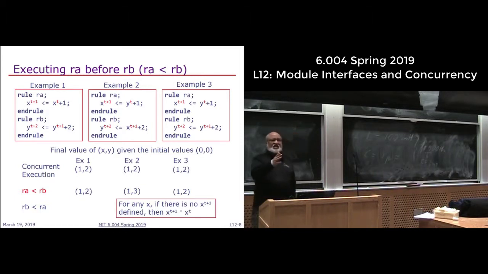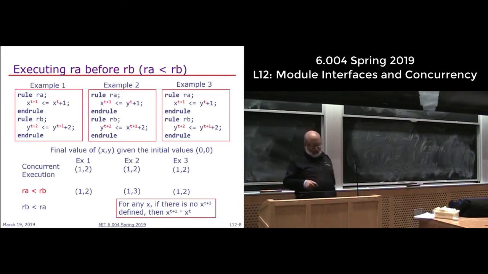In the second case, it didn't match. All right? Well, maybe we were unlucky. We should try RB before RA, right? Because it says any sequential order is fine. And in the last case, it matches again. So if we executed it concurrently, we get the same answer as the one we got by executing RA before RB.